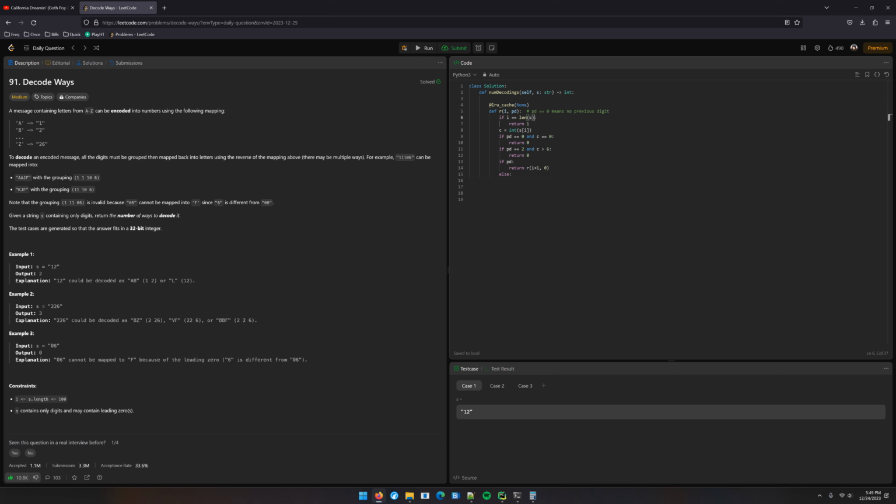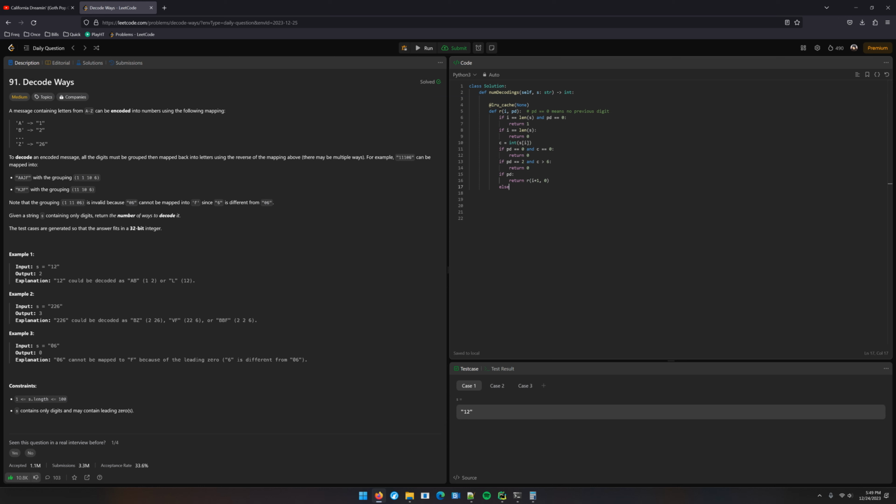If I equals length and previous digit equals 0, then return 1. But if previous digit does not equal 0, then we need to return 0 because there's no valid way to do that. Oh, almost screwed that one up. Okay, so R of I plus 1, 0.